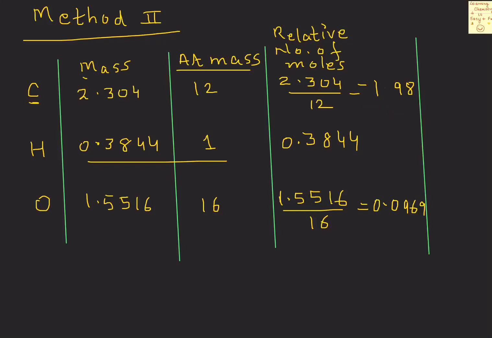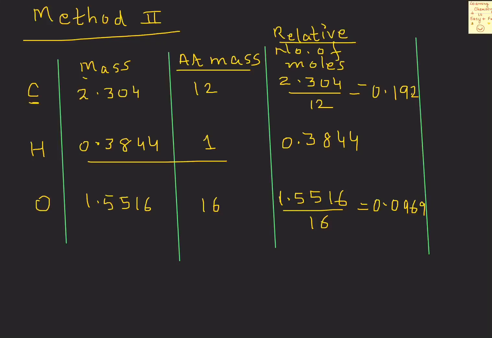I think I've gone wrong in the calculation here. Yes, the value over here is 0.192. Thanks for correcting me. Hydrogen is 0.3844 and oxygen, 1.5516 divided by 16, so you get 0.0969, right? So this is going to give you just the relative number of moles.